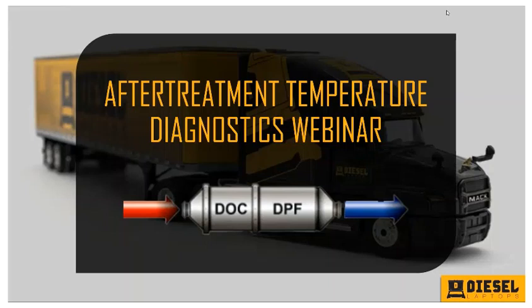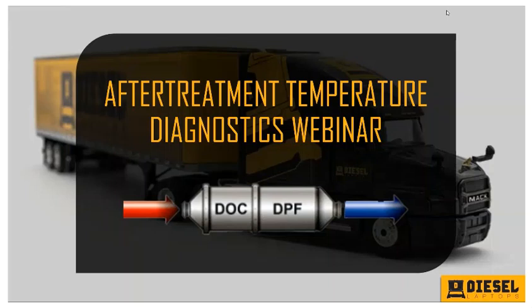If we're dealing with 2010 and newer, then there's a pretty good chance we have a DOC, a DPF, and an SCR catalyst. When we're troubleshooting these systems, I like to break them up into two different sections. Even though the DOC, the DPF, and the SCR catalyst are all part of the emissions, we need to look at the DOC and the DPF as one piece and the SCR as another, because the DOC and the DPF have a very particular function.